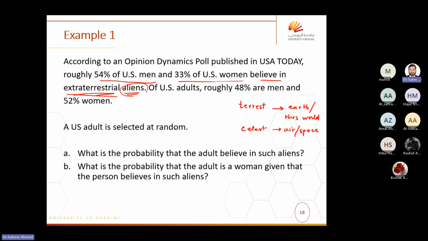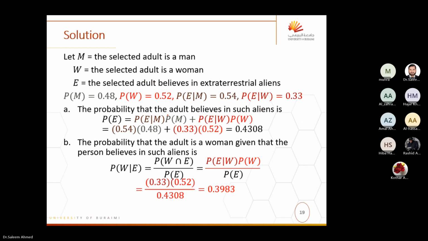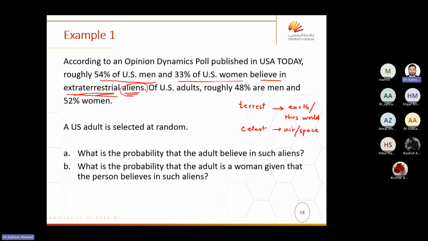Okay, so let's say I use M for men. You know that the whole population is divided into only two, men and women, right? So it means these men and women are my partition.